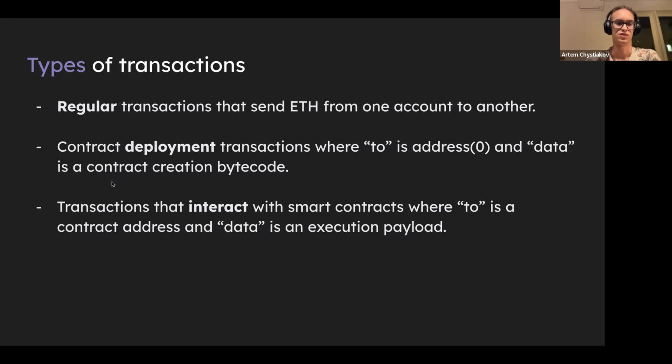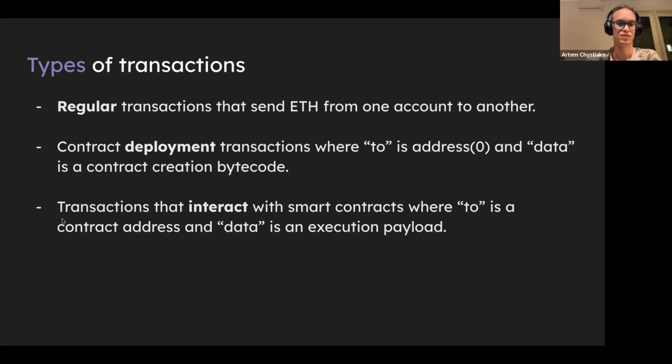Those deployment transactions are really expensive because per deployment byte, you pay 200 gas. So if you want to deploy a regular ERC20 token, which might be several kilobytes in size, it will cost you several million gas.